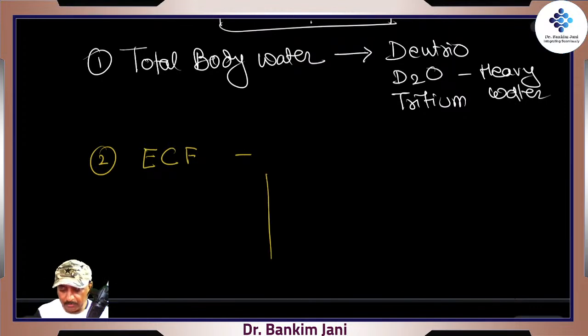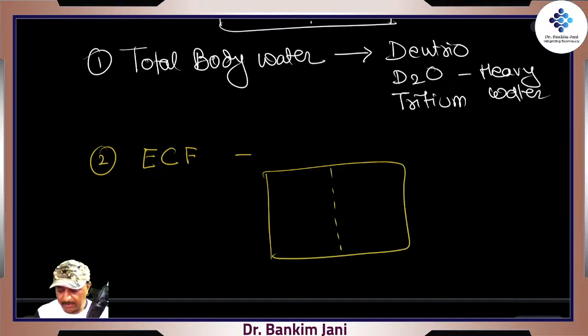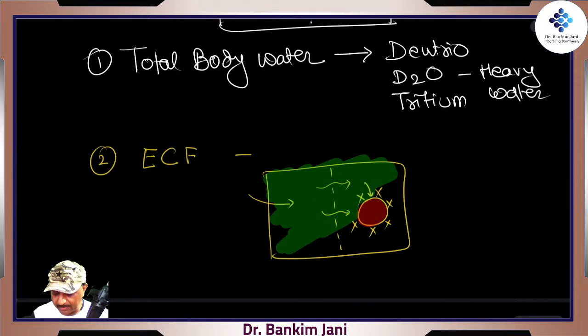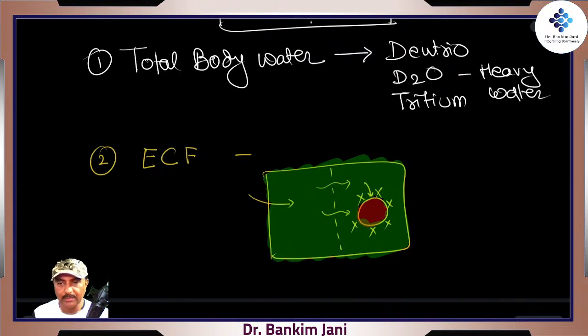When you are injecting it into the plasma, it should be able to go to the interstitial fluid, but when it comes to the intracellular fluid, at that point it should be stopped. You are not allowed to enter into the cell. So that will give us the entire indication of how much this area is: full area minus intracellular fluid.